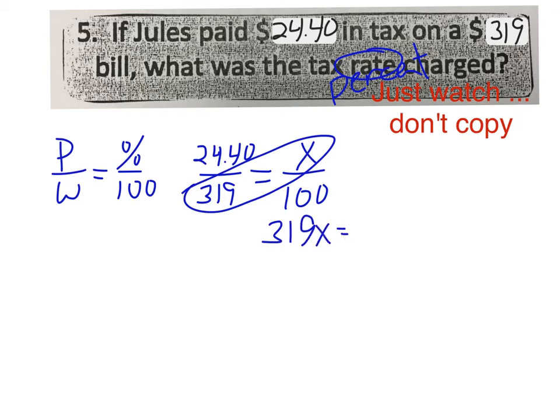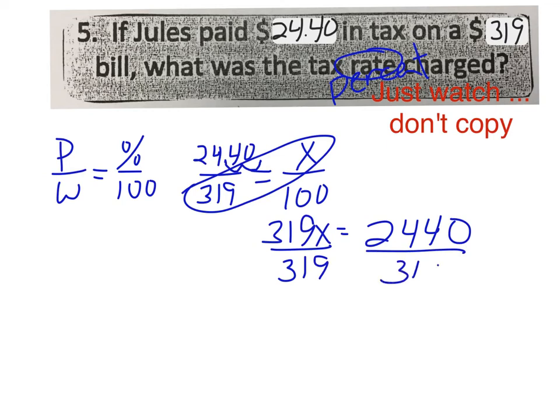319x equals, multiply by 100, so it's getting bigger. Multiply by 10, multiply 100, that is just 2,440. Now divide by 319. So let's go off to the side. 2440 divided by 319.